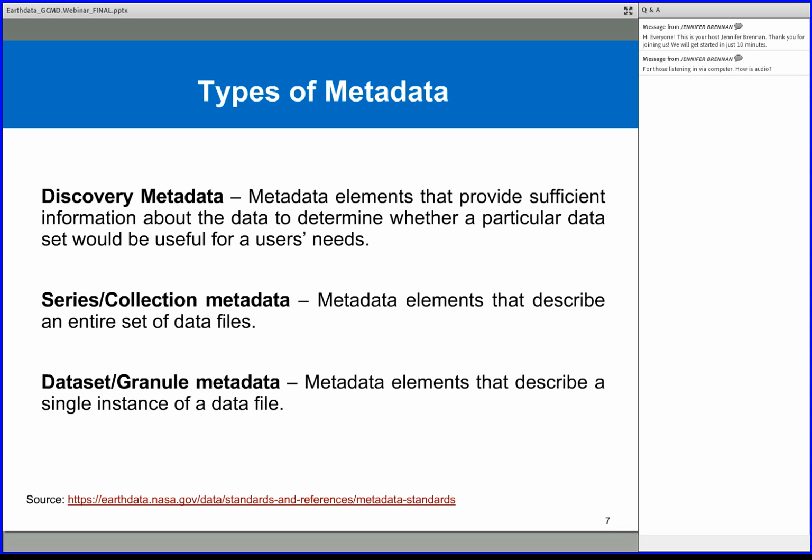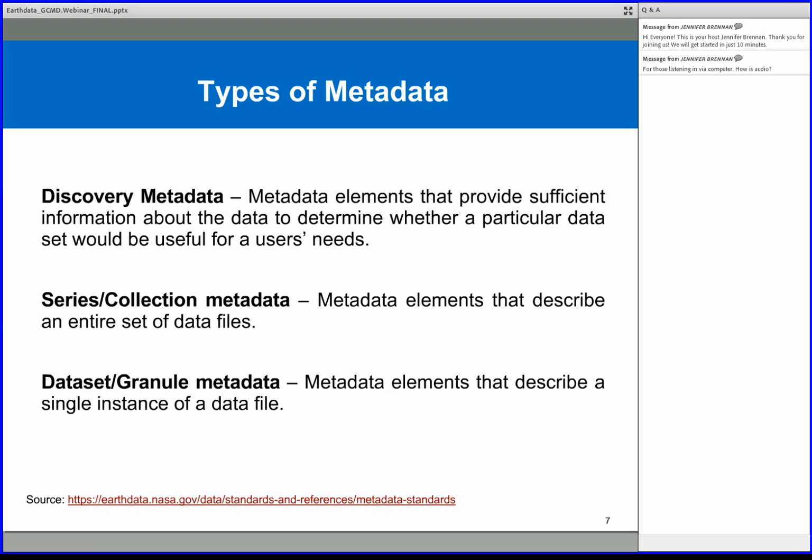To give some more background on metadata, as I mentioned earlier, GCMD offers discovery and series collection level metadata. We do not offer granular metadata, but we link to many of the EOS DIS granules through the discovery collection metadata. Discovery metadata is primarily metadata elements that provide sufficient information about the data to determine whether a particular data set or data service is useful for a user's needs.